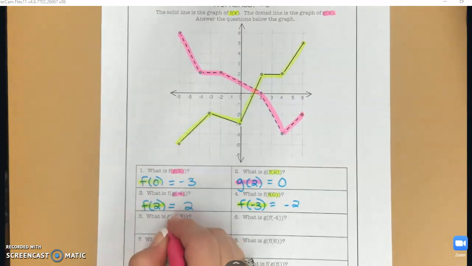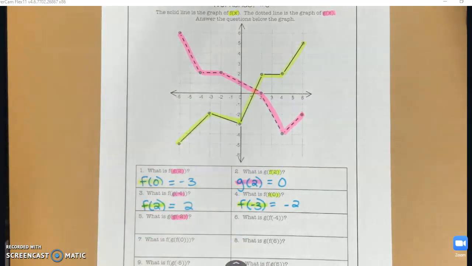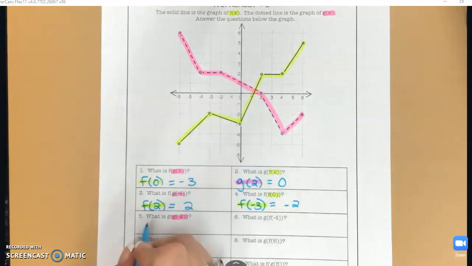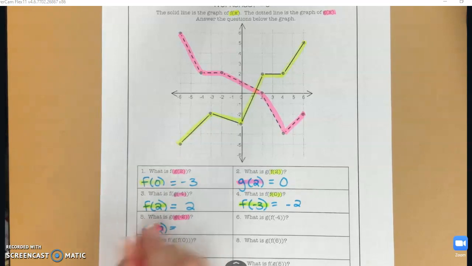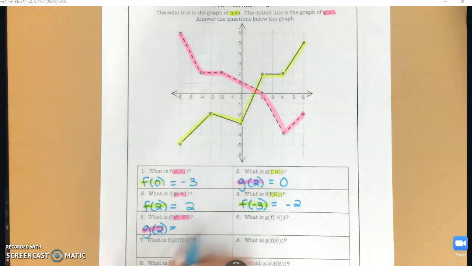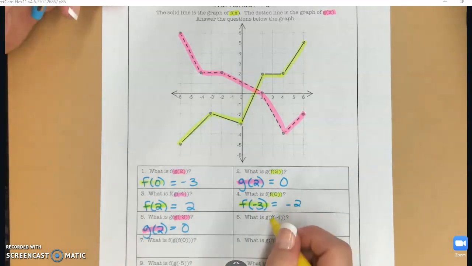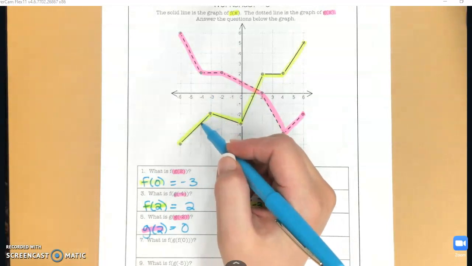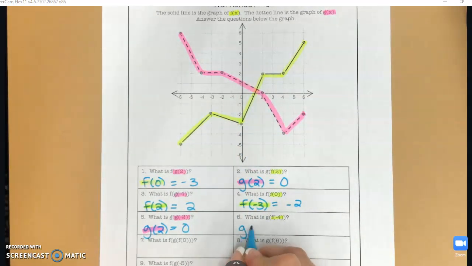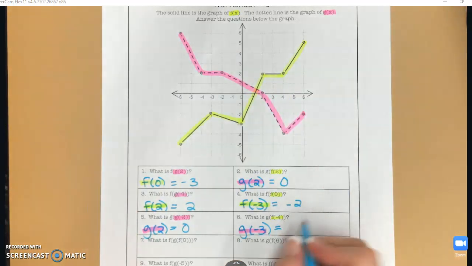Next up we have a double pink, g of -2, that's over here, gives me +2, so I'm now looking for g of +2, which again is on the pink, and that will give me 0. Number 6, f of -4. On my yellow graph, I'm going to look at -4. That gives me -3. So now g of -3, that's going to be on my pink graph, and that output is 2.